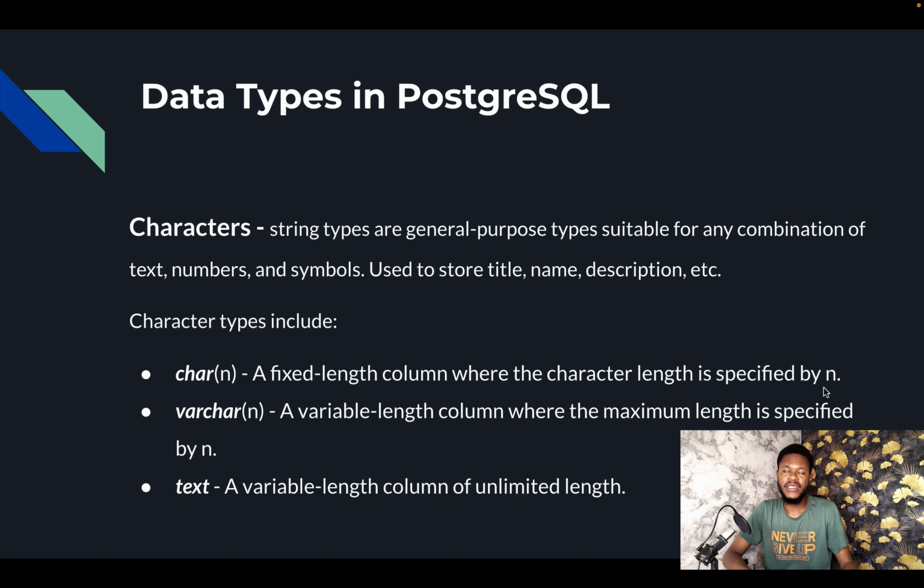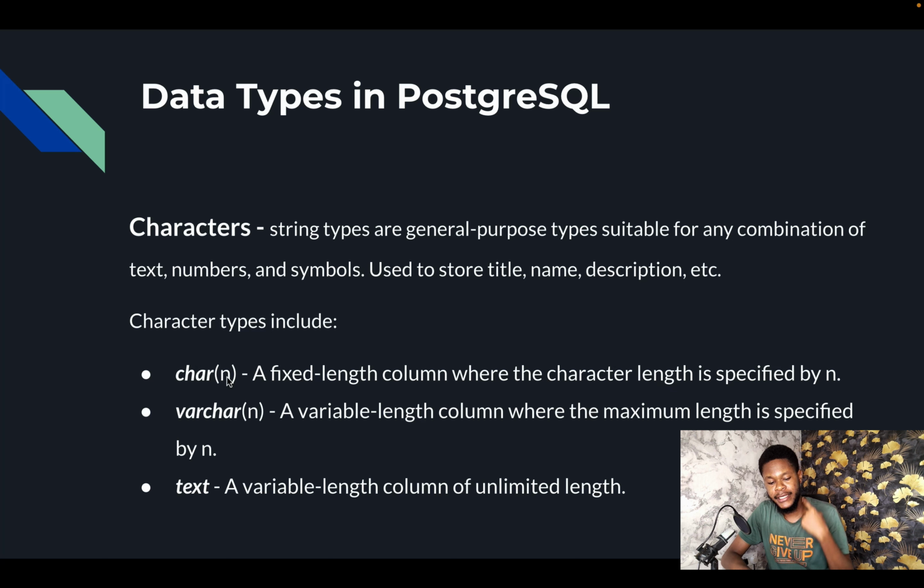Let's say you have a particular piece of data you want to store, and you know it's going to have a fixed length. A perfect example is phone numbers. In Nigeria, phone numbers are 11 characters, and that's fixed. I know that this data I want to store is going to be fixed at 11 characters. Then I can use this char data type.